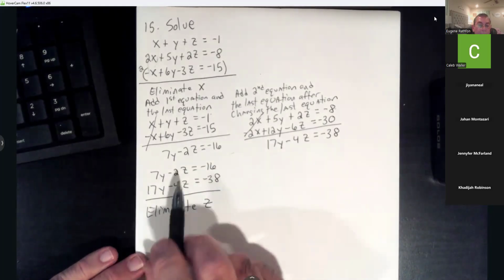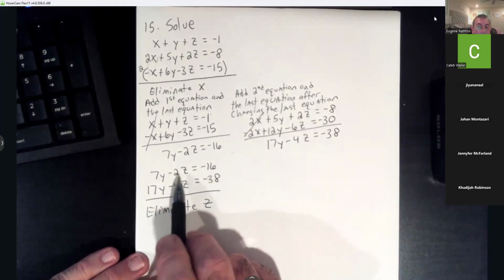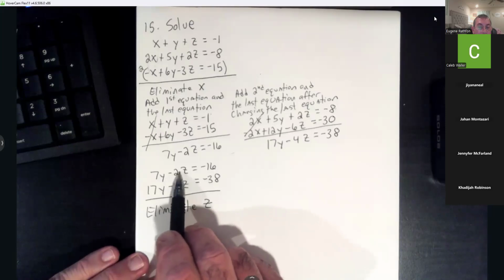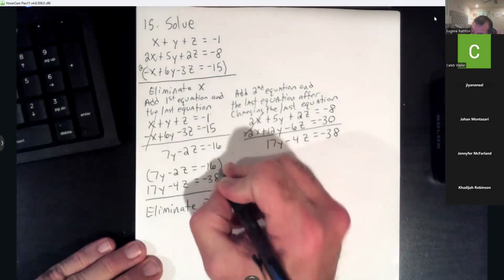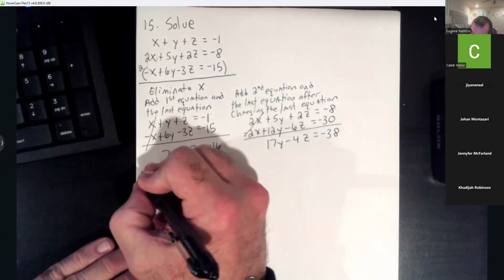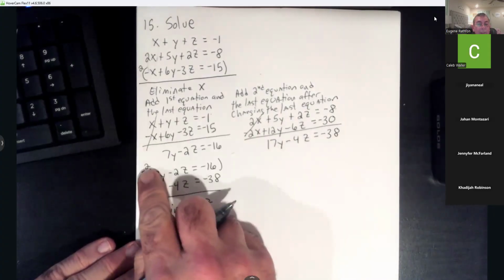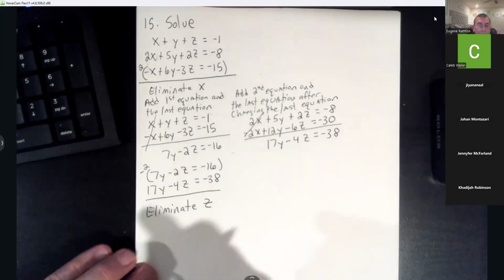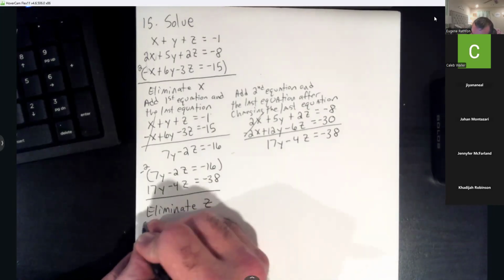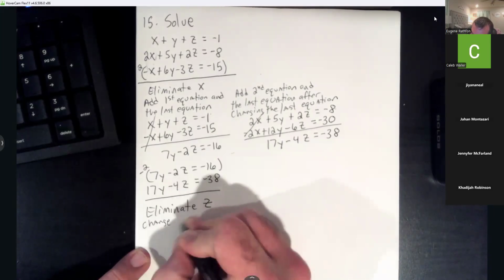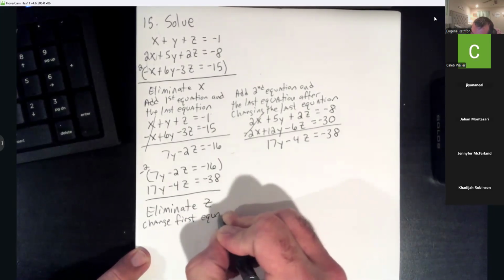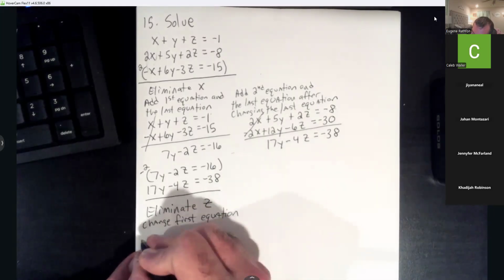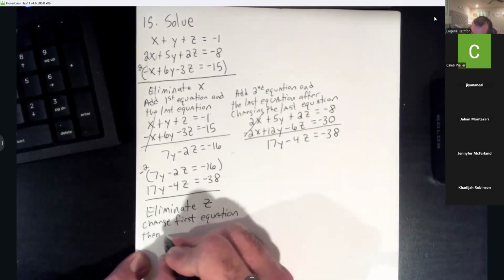The way I'm going to eliminate the z, that one's -4. So I'm going to change that -2 into a +4. To change that -2 into a +4, I'm multiplying this whole row by -2. So I'm going to change the first equation, then add to the second.